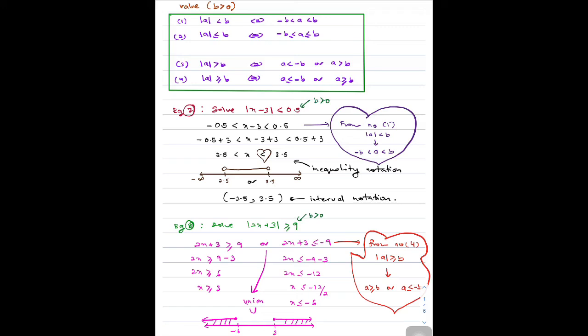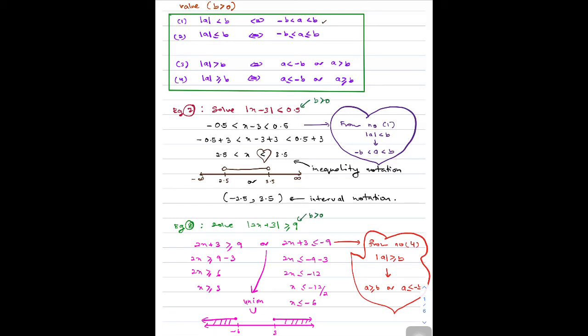For properties number 1 and number 2, when we want to split our answer: modulus of a is less than b is equal to a is between negative b and b.